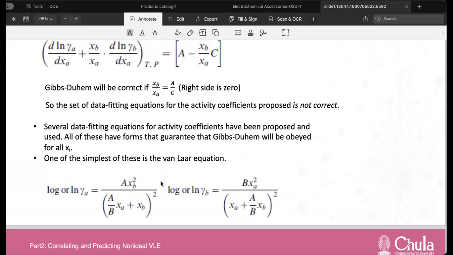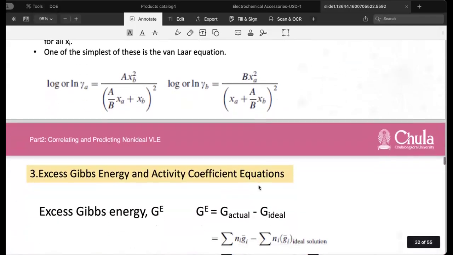Now you have to find the derivative, of course, and replace xb by 1 minus xa. You can do it later and you will see that it follows the Gibbs-Duhem equation.